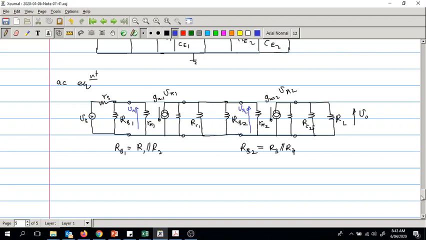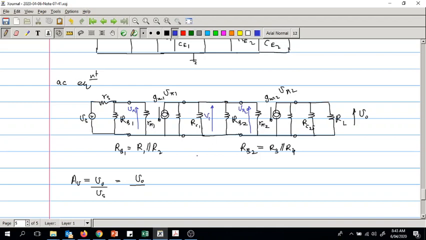Now let's go ahead with the calculation. The gain AV for the whole amplifier is Vout over Vs. Let's label the intermediate voltage as V1.